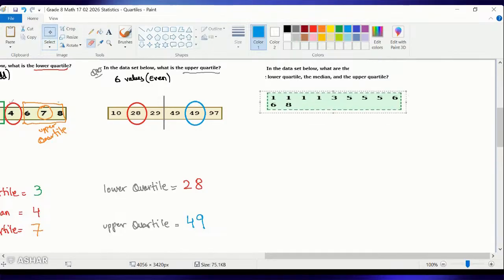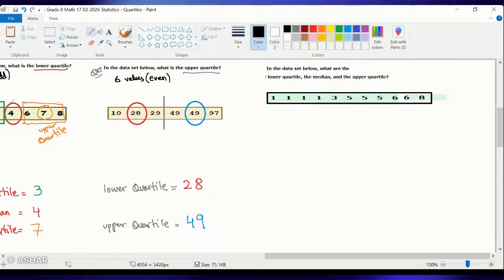I'll just rearrange them. Sorry, just a moment, please. These are the values given to us. And we need to find the 3 variables. For question number 11, we need to find the lower, median, and the upper.